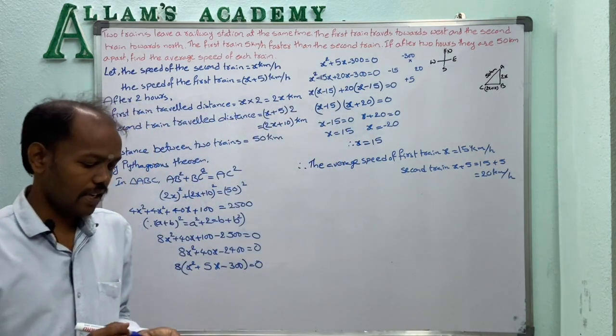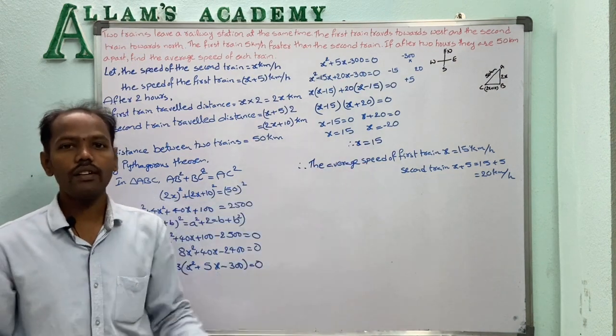So these are the average speeds of first train and second train.